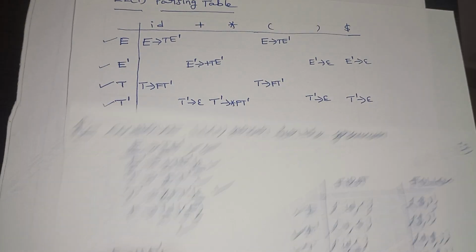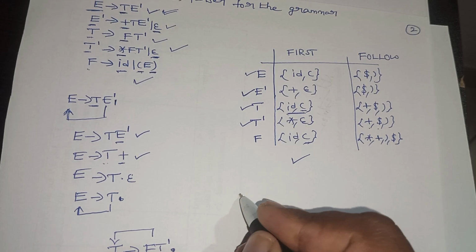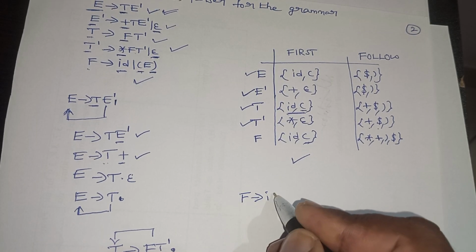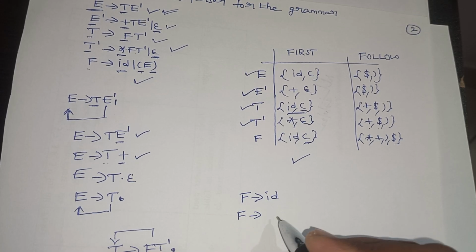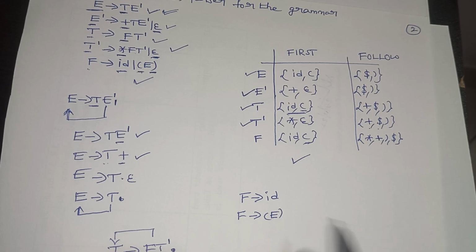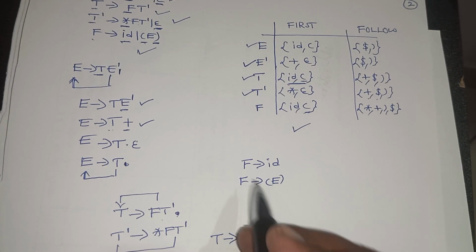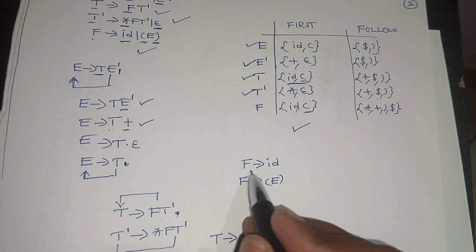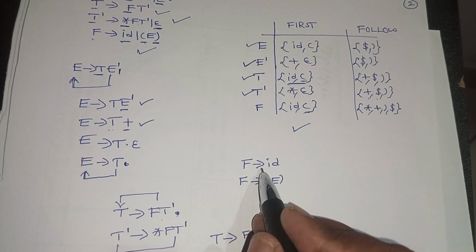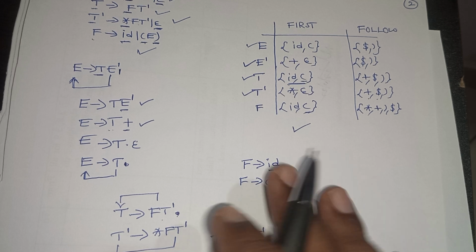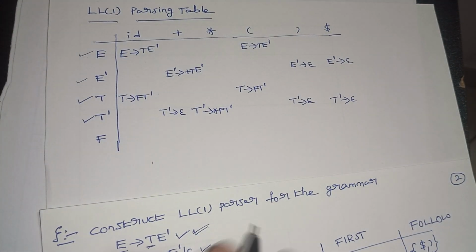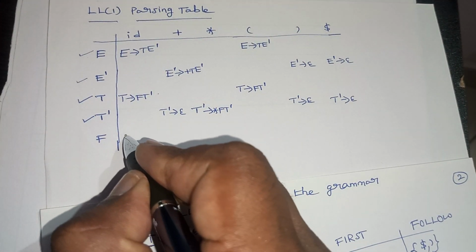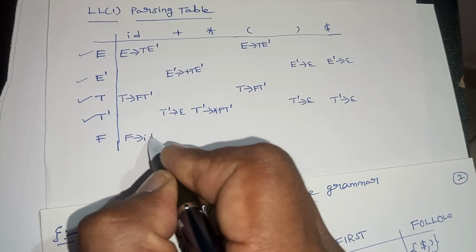Now coming to F. You take it separately: F tends to id, and F tends to E in parentheses, because they are different productions. For this production you write first of RHS, that is id, so under id you write F tends to id.